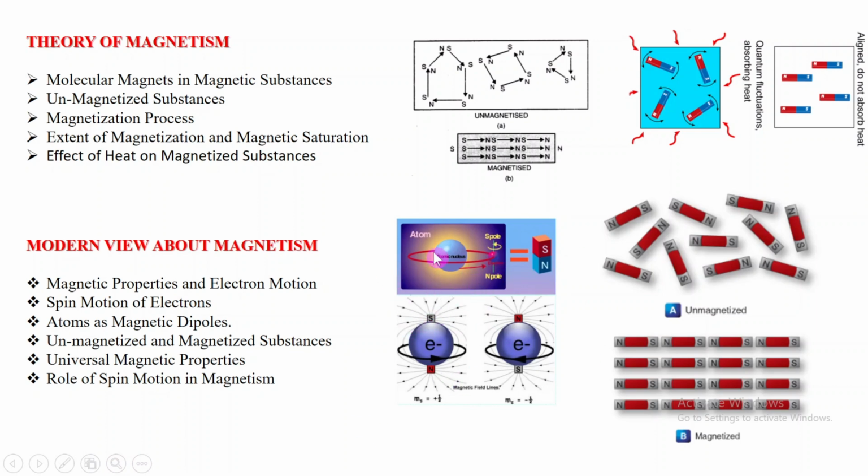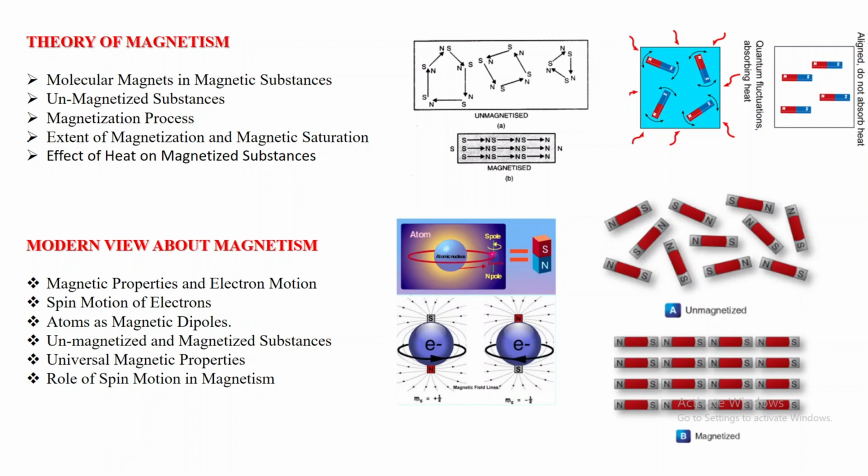As I have discussed, the atom consists of a spinning electron, due to which it produces a magnetic field, and the orbital motion of the electron is also responsible for the magnetic field. But more preference is given to the spinning of the free electron. The magnetic nature of magnetic substances is mostly attributed to the spinning of the free electrons. So each material is a magnet.